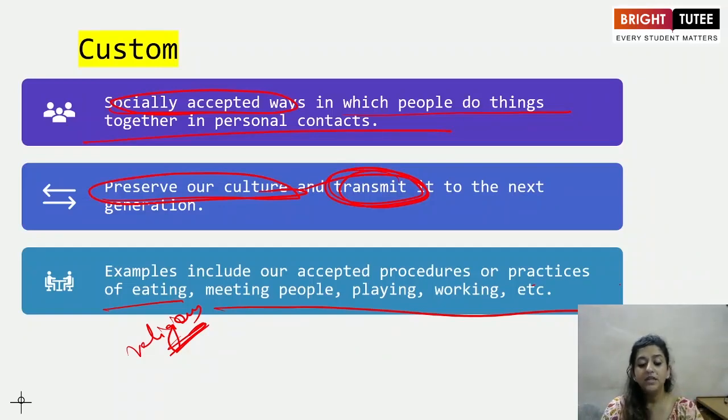Basically, all of these which are socially accepted and have been practiced over various generations and are planned to be transmitted to the next generations as well, is what makes the customs.